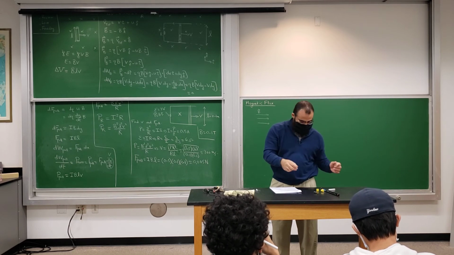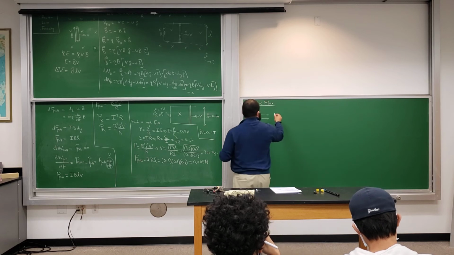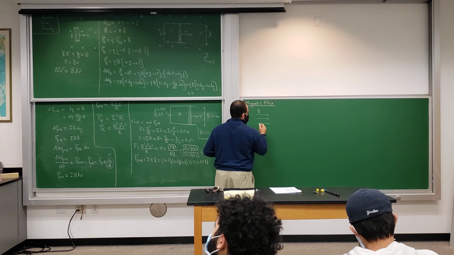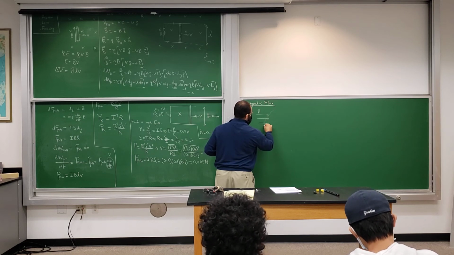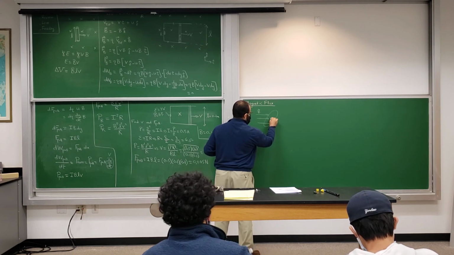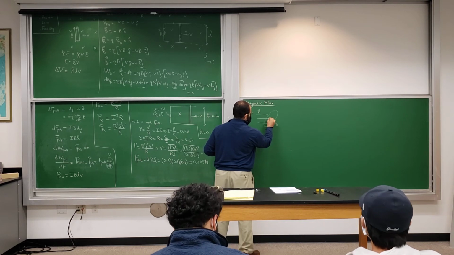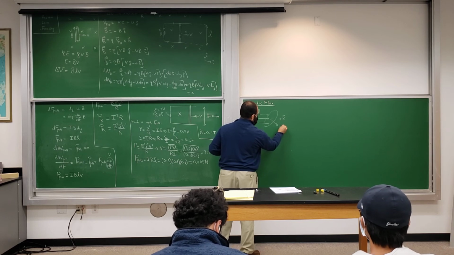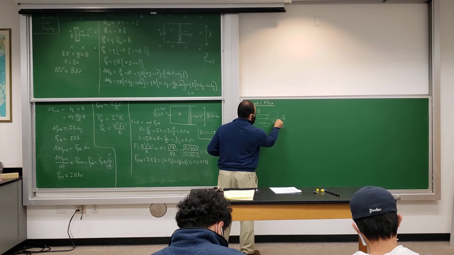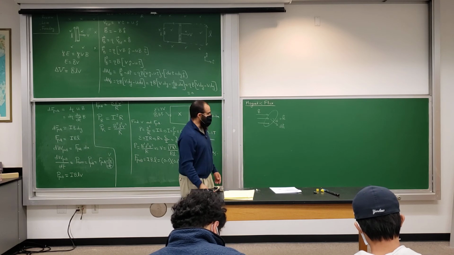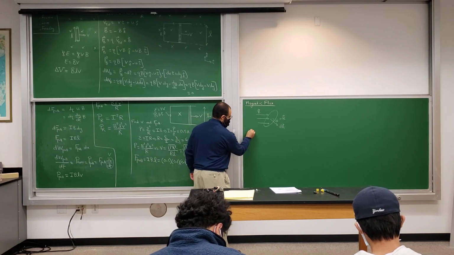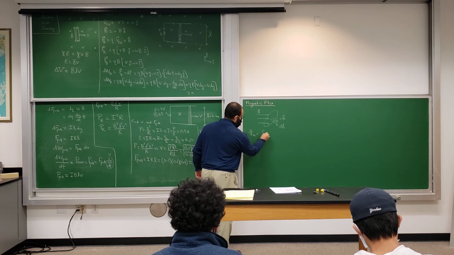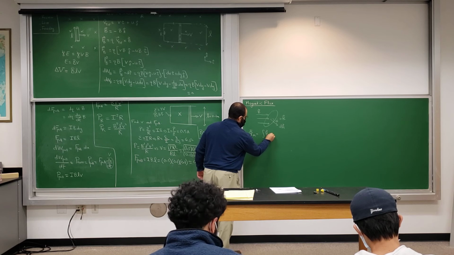So this is the way we define it. Let's say my loop is this way, so the area of my loop is pointing in this direction. The magnetic field is pointing in this direction. This is dA, and they make an angle theta. The magnetic flux would be the integral of B dot dA.